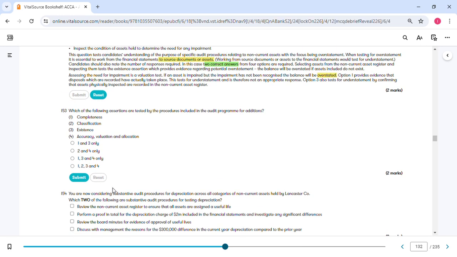Here, when you are talking about these tests, tell me what you have said, I will go with your answer. All 1, 2, 3, 4. Can I click that one? No, sir. I think 2 and 4 only. What about you, Laila?